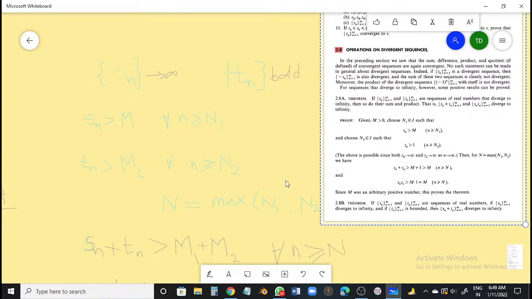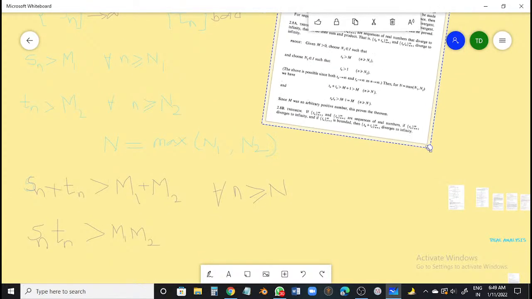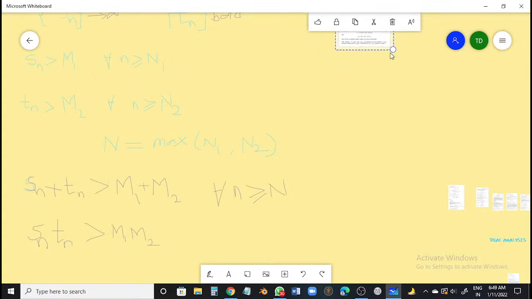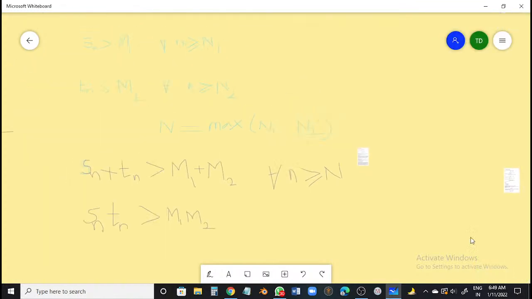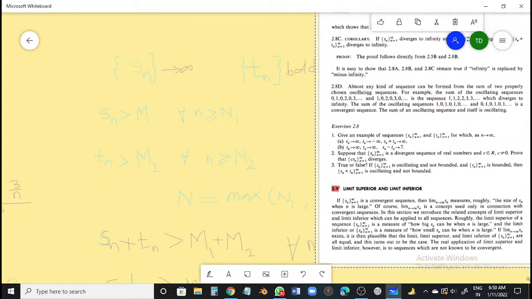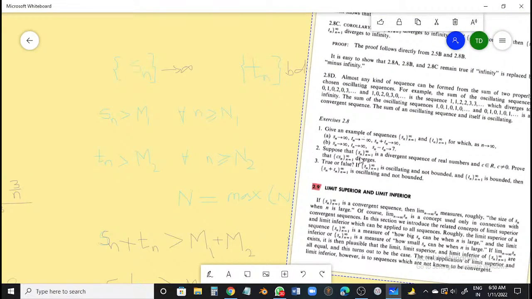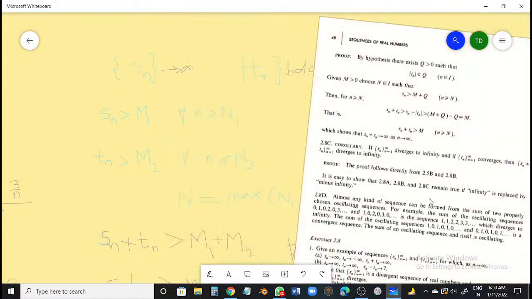So let us prove how it happens. Very immediately you can see Tn is bounded, meaning tn will be less than or equal to some fixed real number. There will be some upper bound.